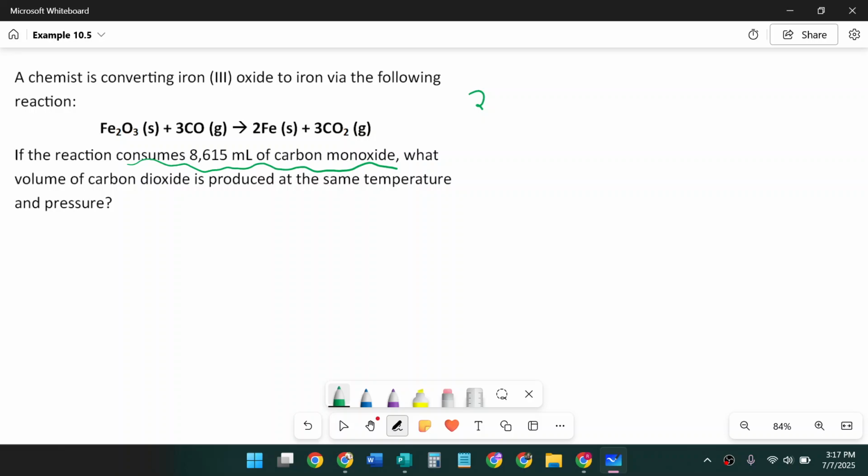So we have 3 milliliters, or whatever unit you want, of carbon monoxide is going to be the same as 3 milliliters of carbon dioxide for this particular chemical equation.